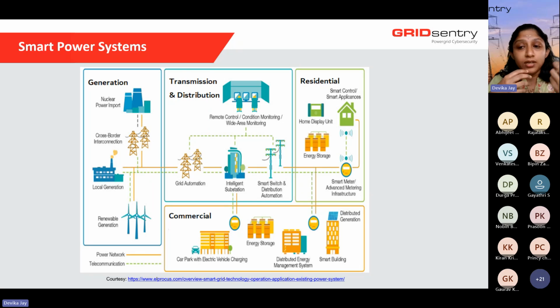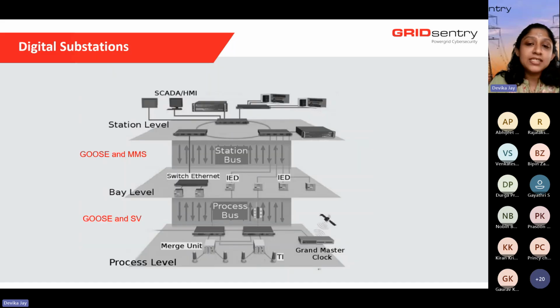With the advent of advanced communication technology and more digitalized solutions, these substations have grown into digital substations. A typical digital substation has a physical layer with current transformers, potential transformers, circuit breakers, and transformers, which do the step up and step down of voltage. That is your physical layer.